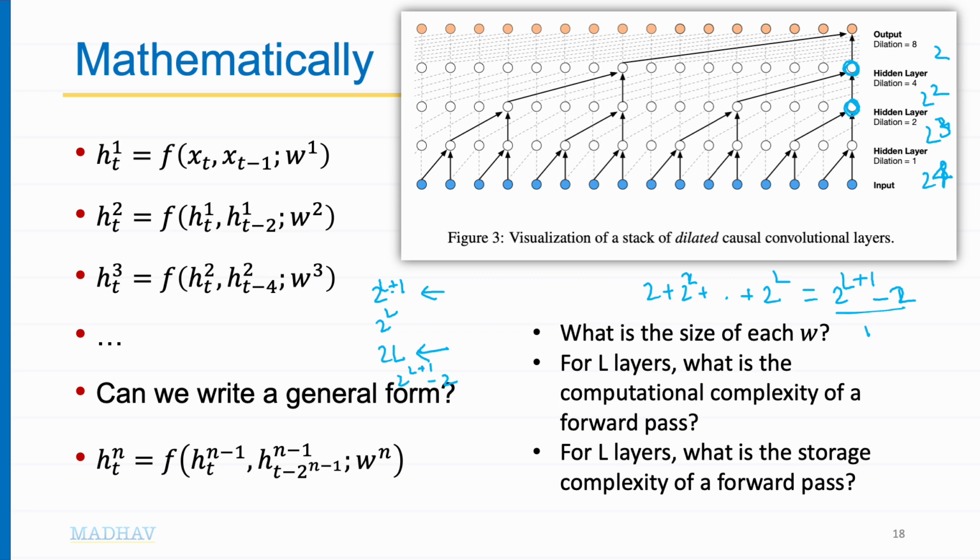Now if I do it in this fashion, what is the storage complexity of a forward pass? I need to store some previous values also, right? So how much storage complexity will be there?